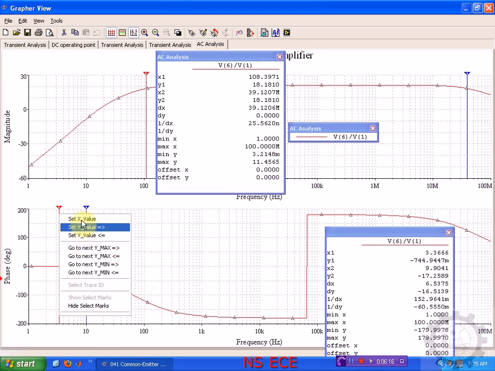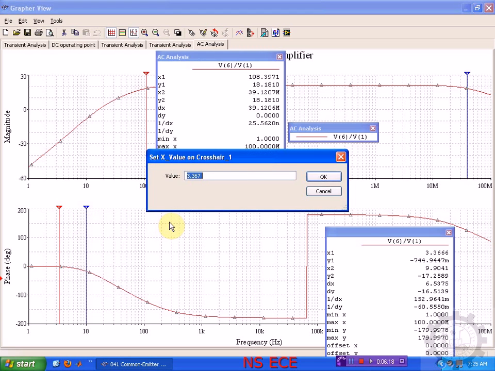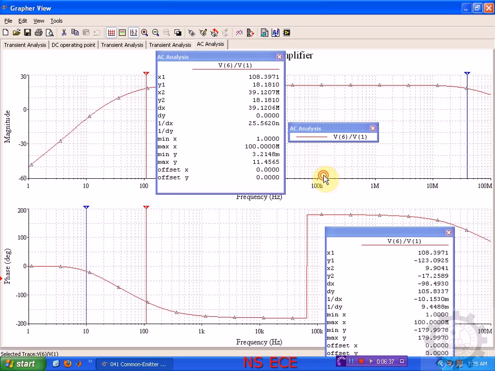Set X value. You know the lower cutoff frequency, that is 108.3971. So I set in the phase plot the first frequency, that is 108.3971. This itself shows that the phase angle is minus 123.0925 degrees.